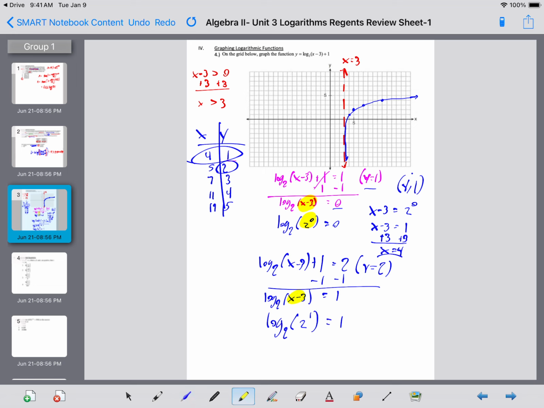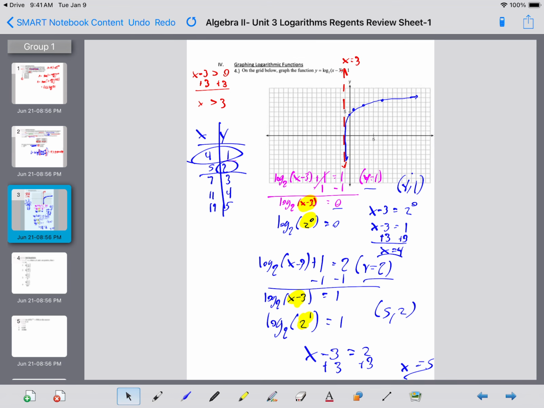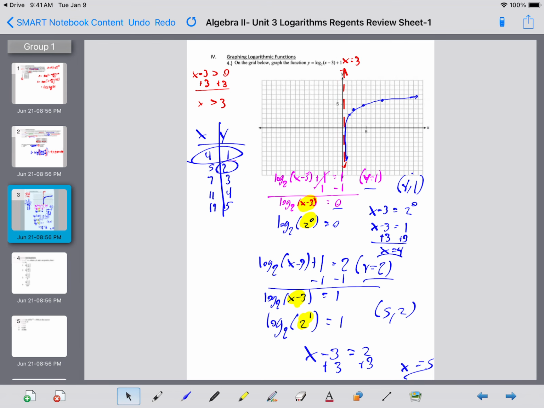So x minus 3 equals 2 to the 1. 2 to the 1 is just 2. Add 3. You get x equals 5. Look at that. We have a y, we have an x. So you get the point (5, 2). Isn't that what we had from the calculator? As you can see, it's a lot less work if you are using your calculator.